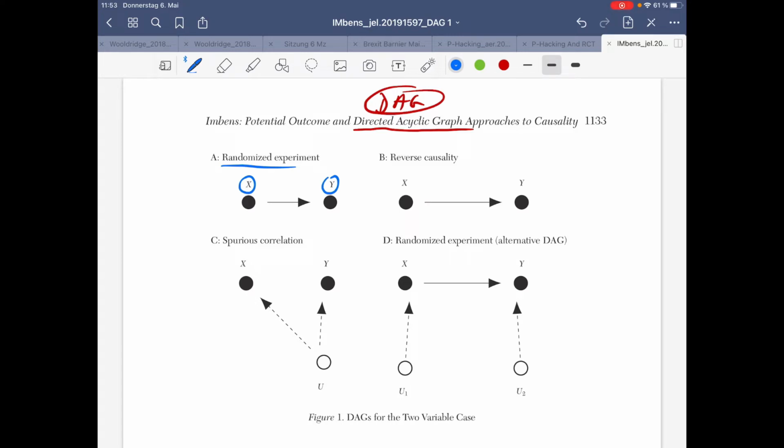And if you have unobserved variables, you could highlight the influence of unobserved variables. So these are easy ones and get more and more complicated. So an advantage might be that you get clarified what's really going on.